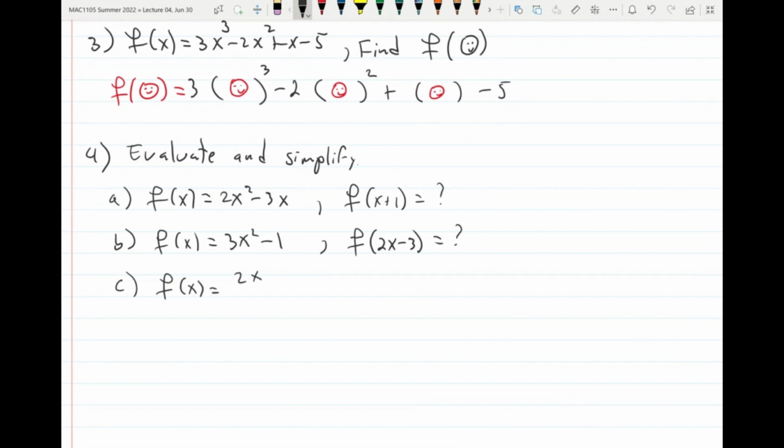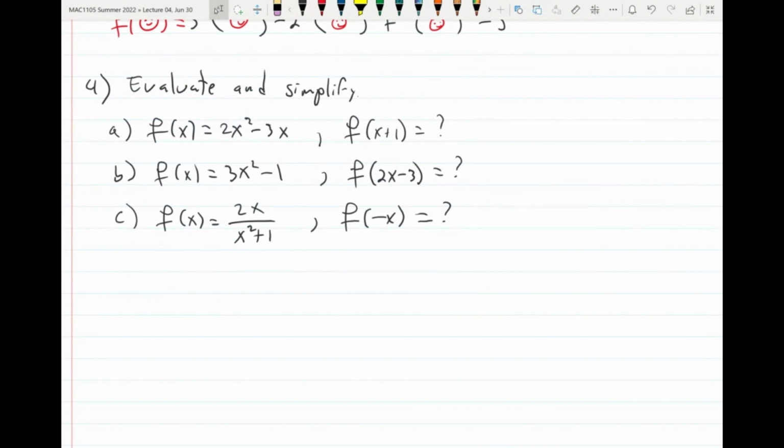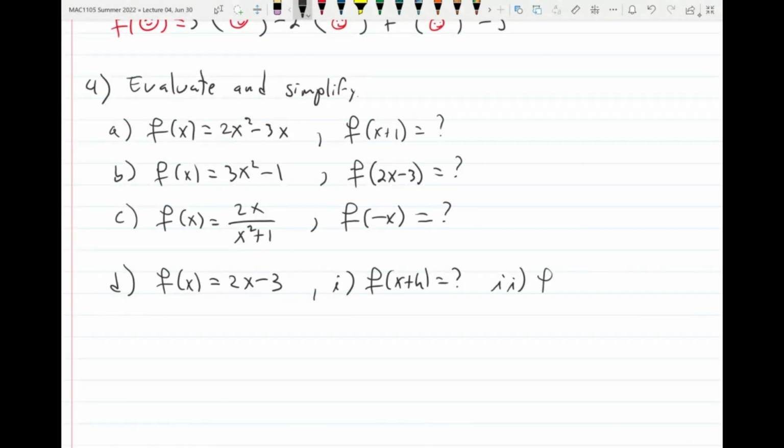F of x equals 2x over x squared plus 1, then find f of negative x. And then for f of x equals 2x minus 3, try first to find f of x plus h. And then second, find f of x plus h minus f of x. Okay.